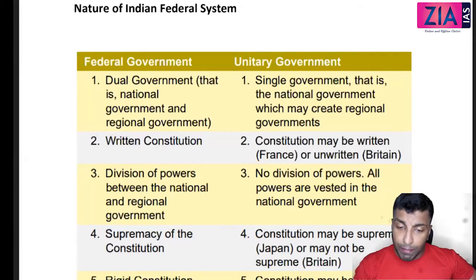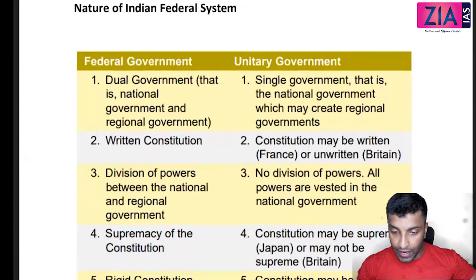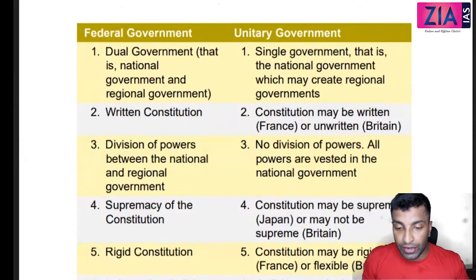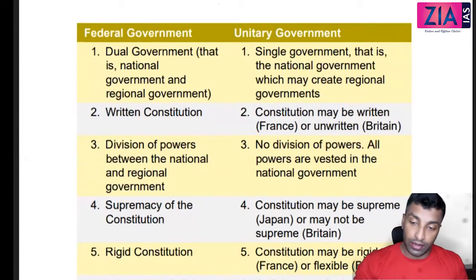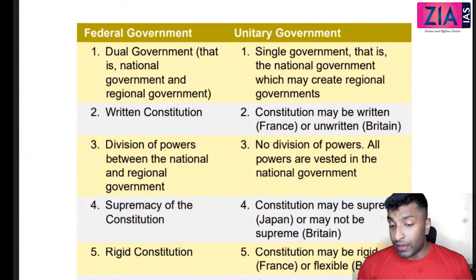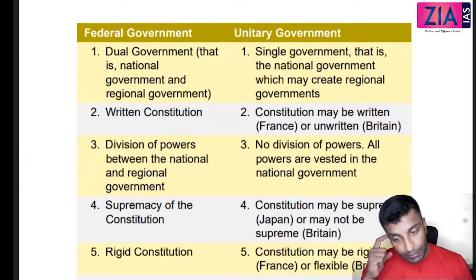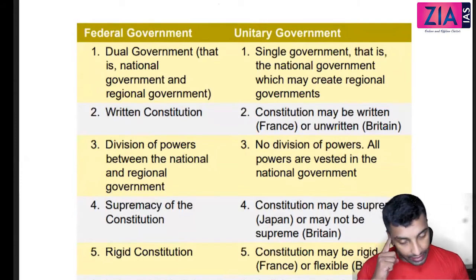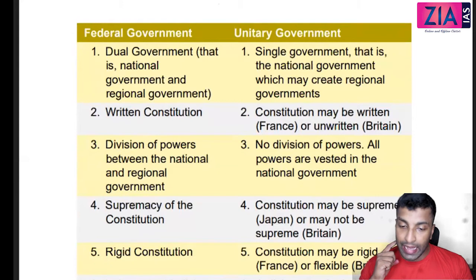Now before that, the main difference, this is a theoretical part. What you can see in this table is actually the main difference between federal and unitary system, okay? Do you remember when we discussed the 1919 Government of India Act and also the 1935 Government of India Act, we discussed diarchy. So what do you mean by diarchy?